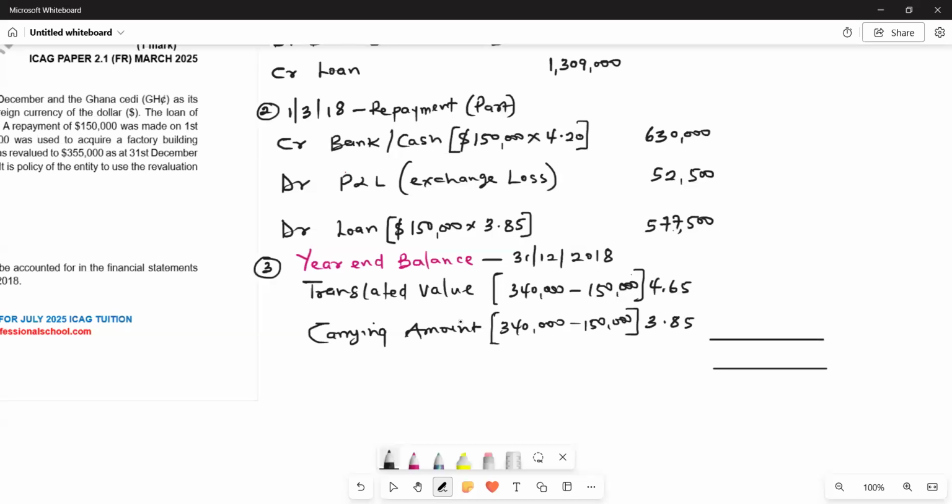So the translated amount is 883,500. And the carrying amount is 731,500.